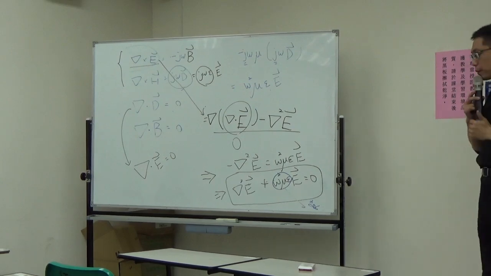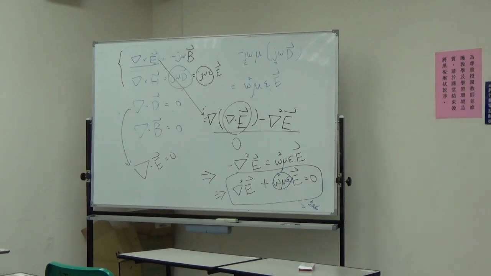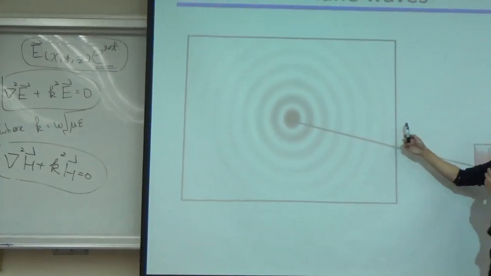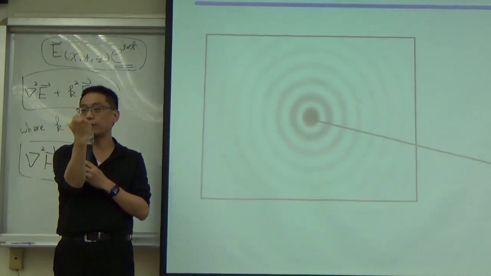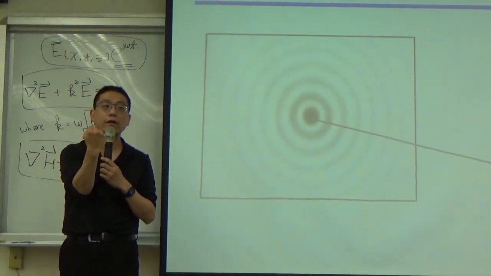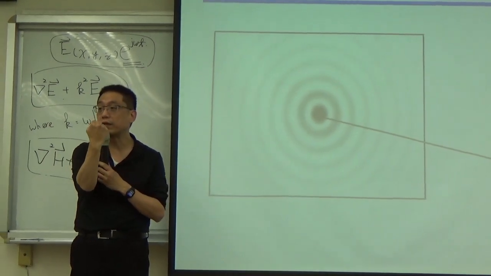But it is too complex to use x, y, z. Can we discuss if the E field is a uniform wave, looking like that? I give you an example. If I have a charge here, right? We discussed this at the very beginning of this class.